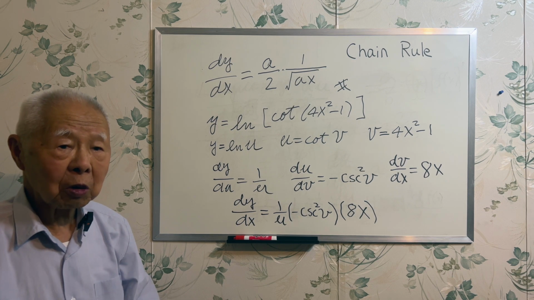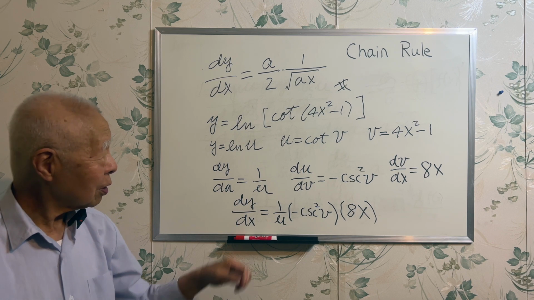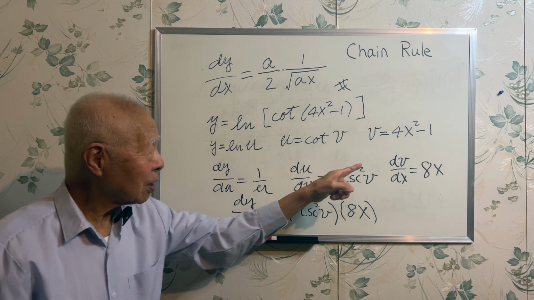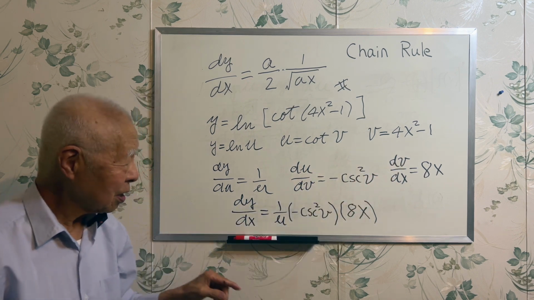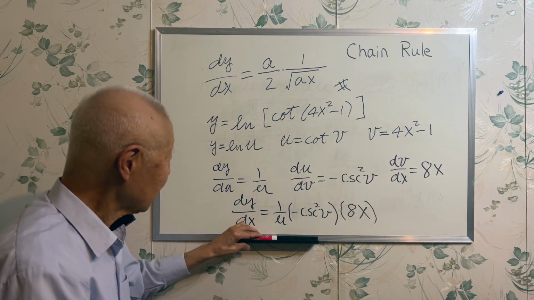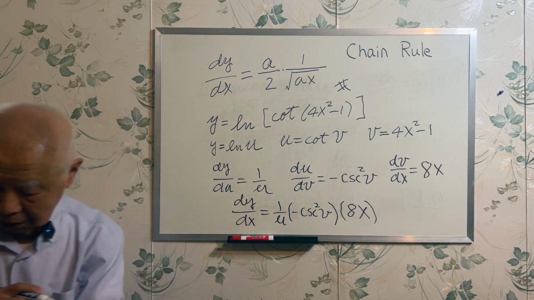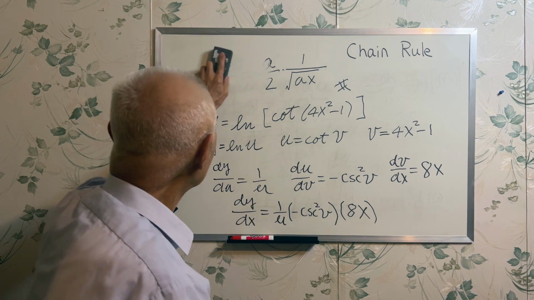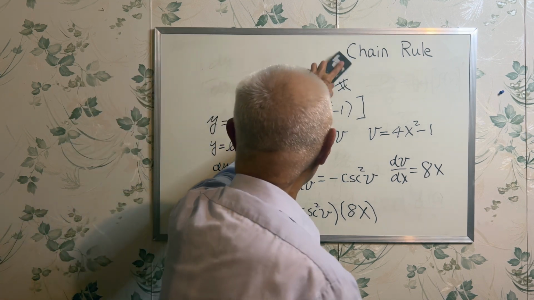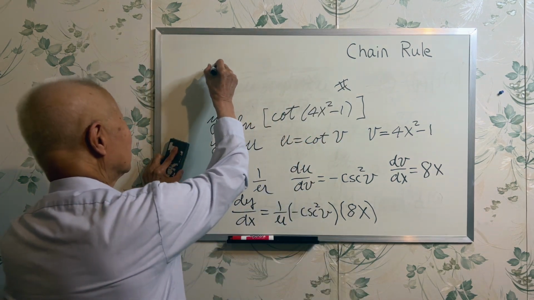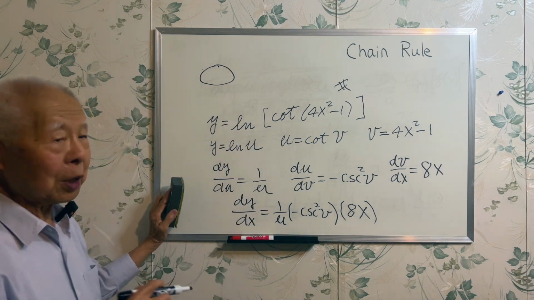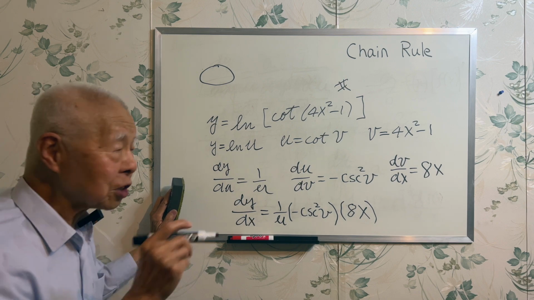Why is this called a chain rule? It's this times that. It is like a chain. You have a steel ring, and the steel ring is linked to another steel ring.